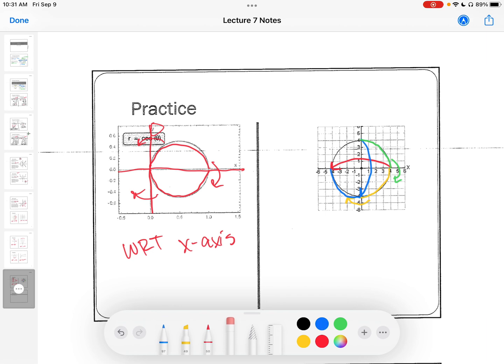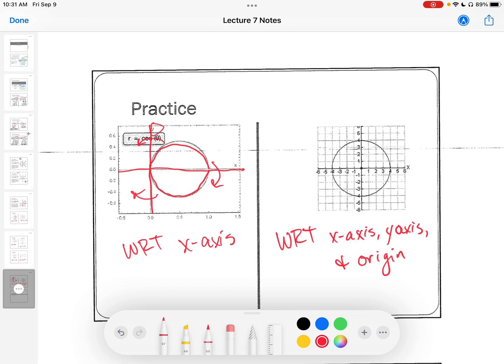Absolutely it does. So not only can you have functions that are not symmetric at all, you can also have functions where there is plenty of symmetry. For example, this one is symmetric with respect to the x-axis, the y-axis, and the origin. It is symmetric with all three of them.